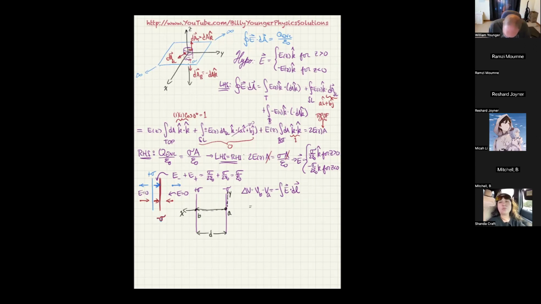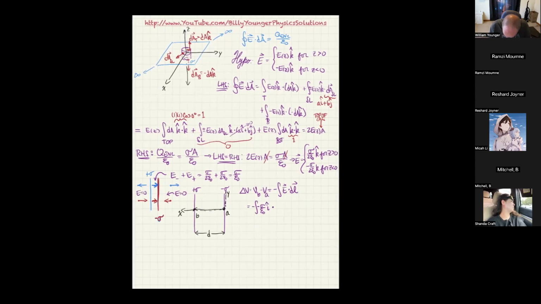So what I know is I got the negative integral. I know the electric field points to the right, so it's going to be sigma over epsilon naught. In this case, we're going to call it pointing in the negative i-hat direction, because of the coordinate system I just drew. And then I'm going to dot that with the direction I'm going.